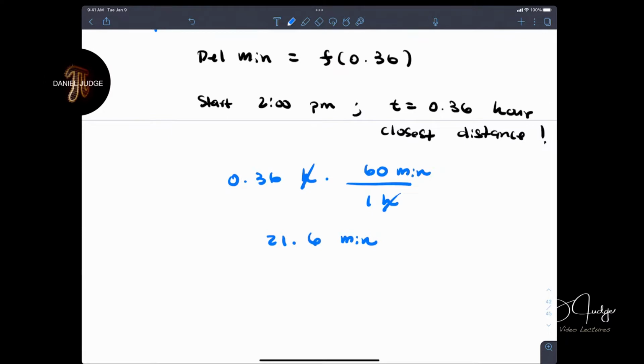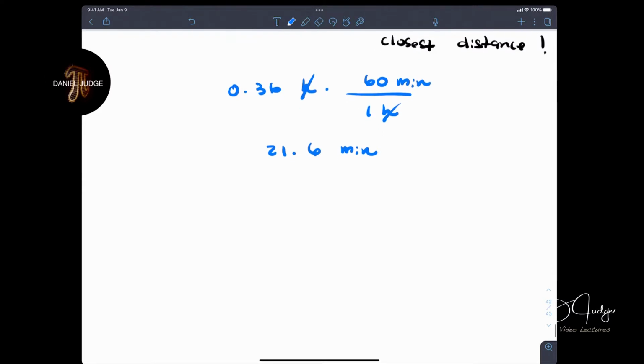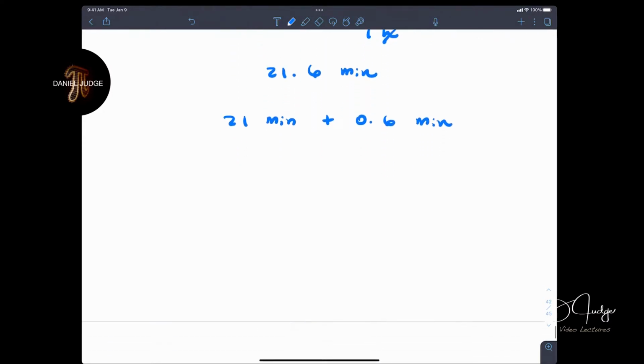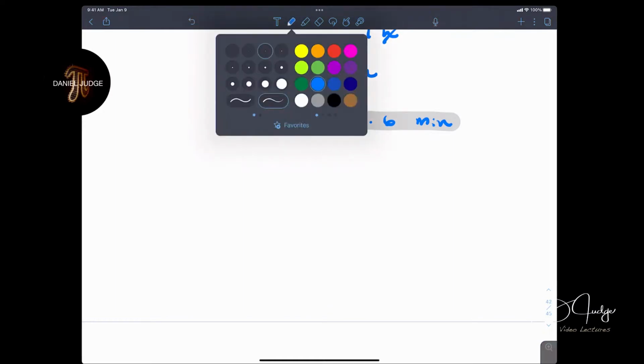That's after 2. So you can say, is it 2:21? But we still have this idea here of 0.6 minutes. So 21, remember what 21 and 0.6 minutes means. It's 21 minutes plus 0.6 of a minute. So we're going to have to convert again now here. We're going to convert the 0.6 minutes. And you say, well, how do I convert 0.6 minutes?